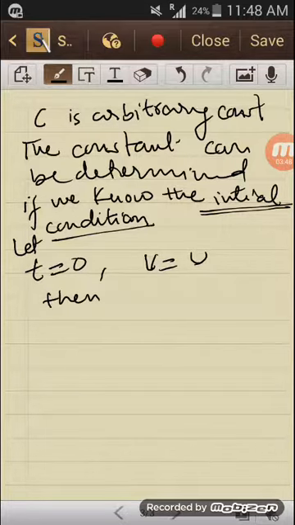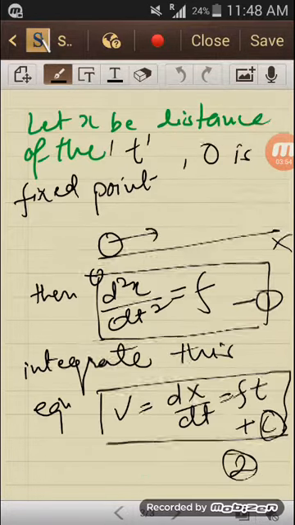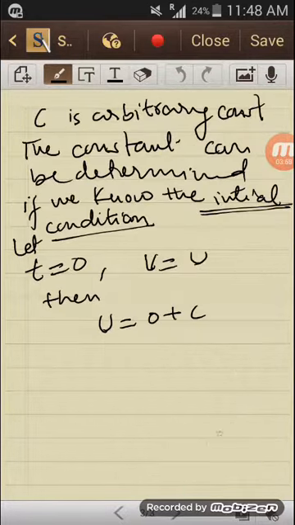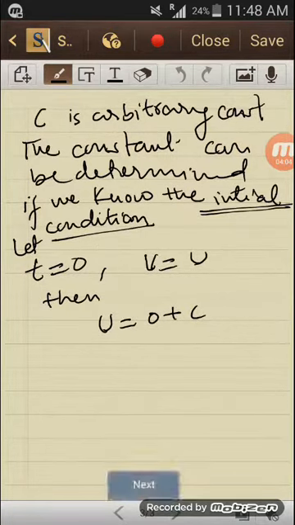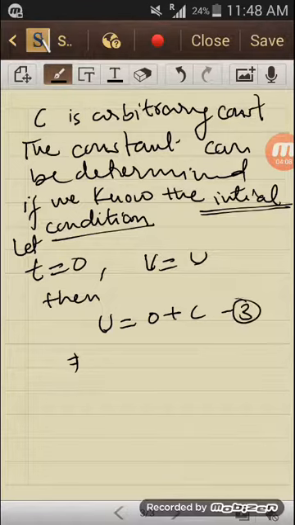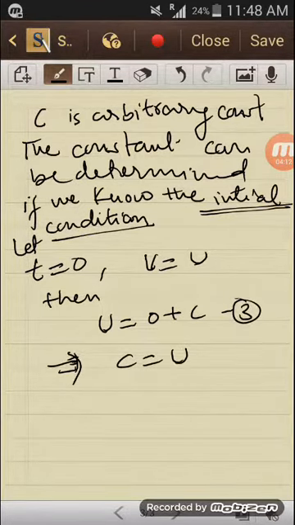Then u equal to 0 plus c. If we put it in the equation, this is ft plus c. So this third equation will imply c is equal to initially u.